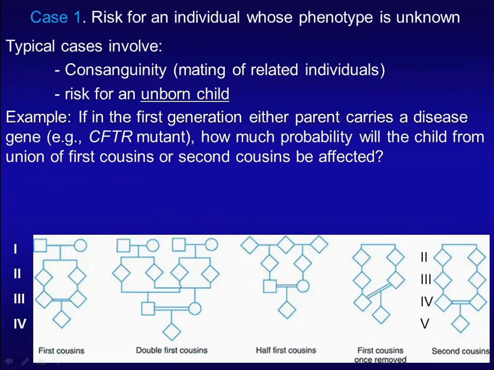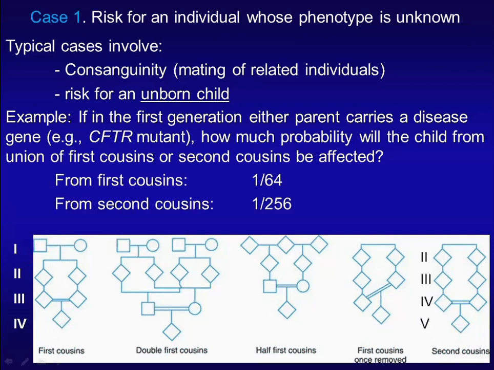For example, if in the first generation, either parent carries a disease gene, such as a CFTR mutant, how much probability will the child from a union of first cousins or second cousins be affected? Here, I provide you answers. Detailed calculation should be done by students as homework.